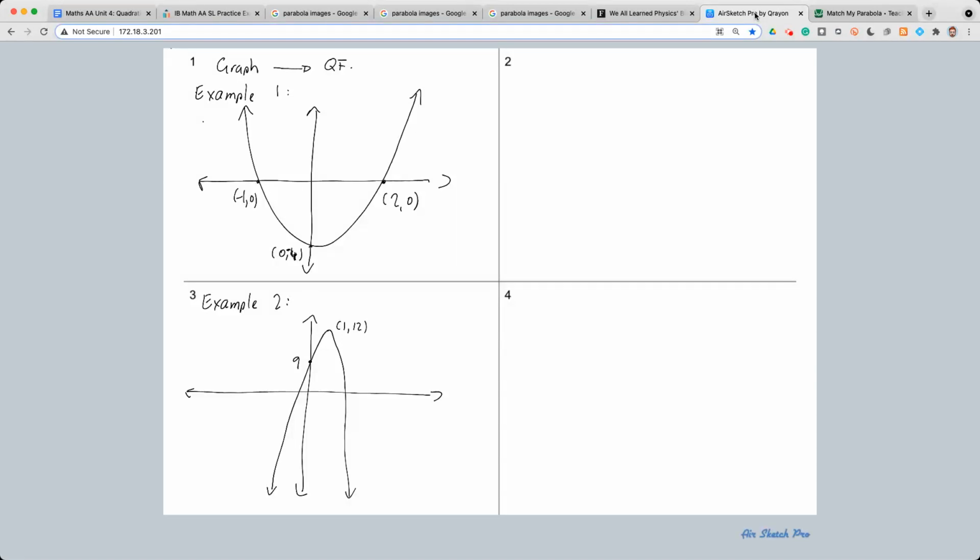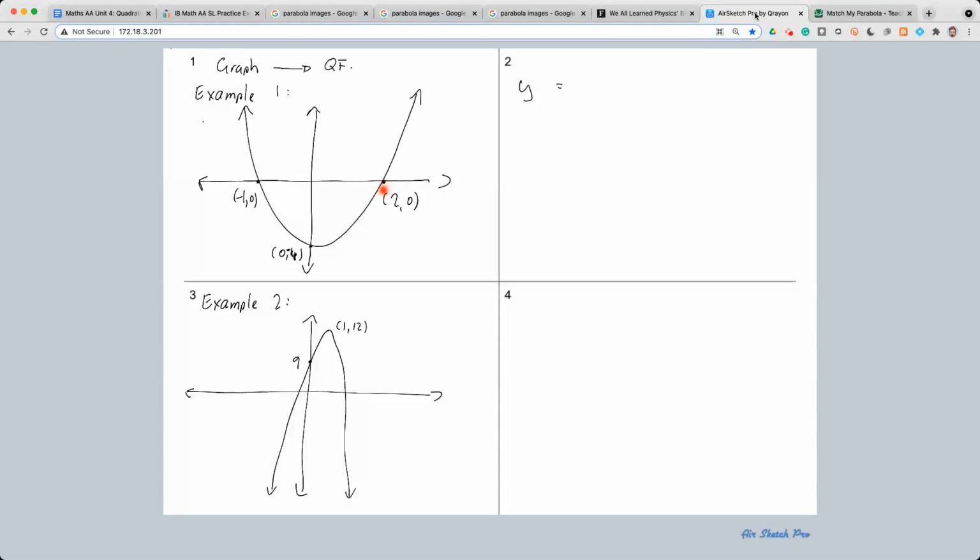Okay, so basically, if you've got the intercepts, that's probably the easiest thing to figure out. So we start off by writing y is equal to, and we can see that we've got an intercept of -1 at y equals 0. So that means that x plus 1 must be a factor.